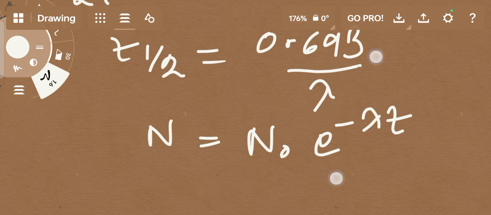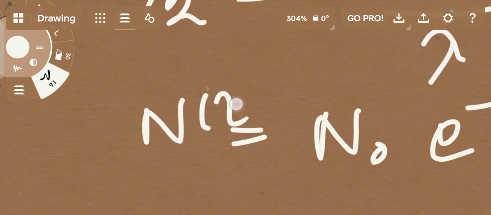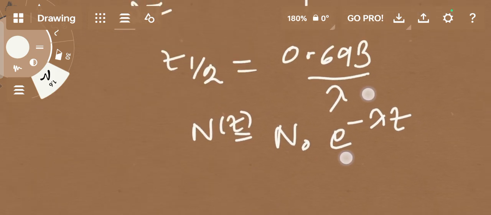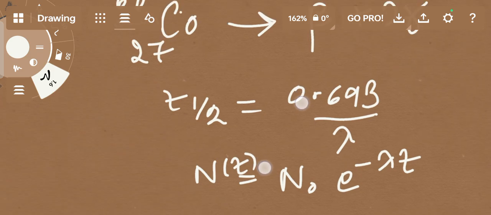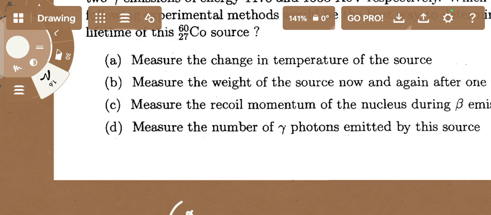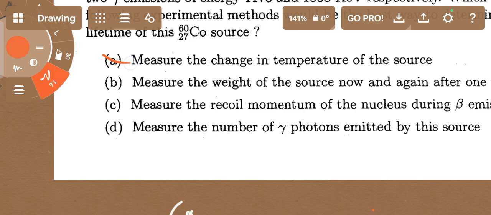N0 is the initial number of particles, and capital N is the number of particles at time t. So here we are dealing with number of particles. Decay constant is a constant, we don't need to think about that. So we have to find number of particles, so no role of temperature here. So the first option can be cancelled, right? So let us cancel this.